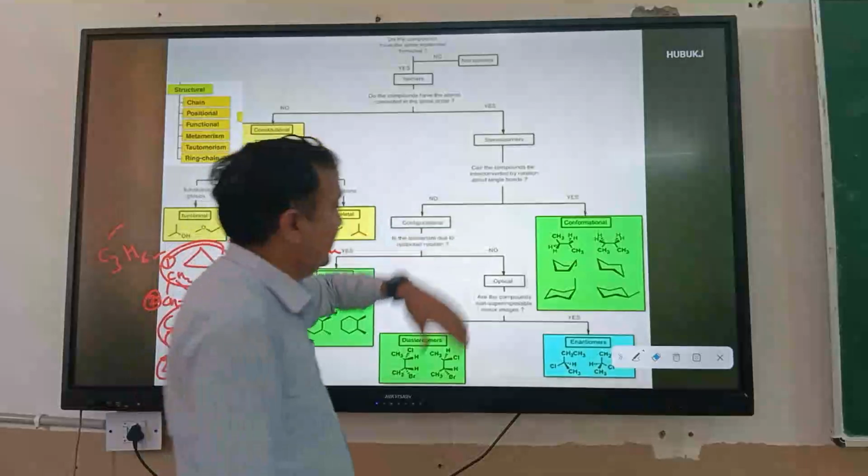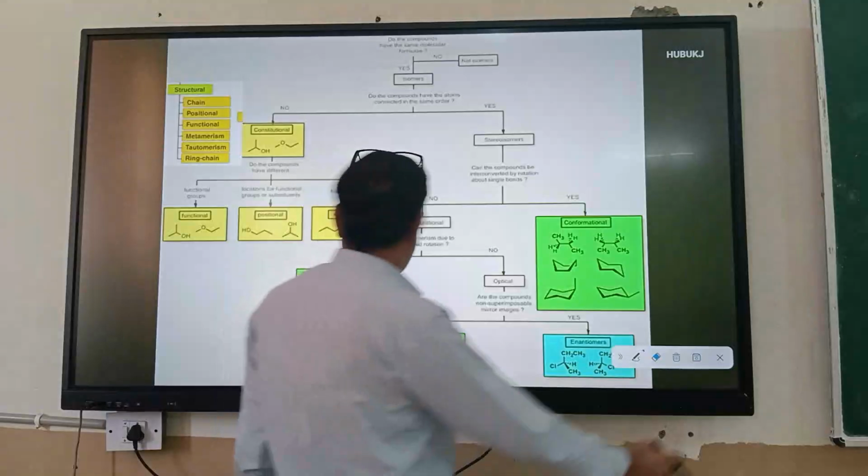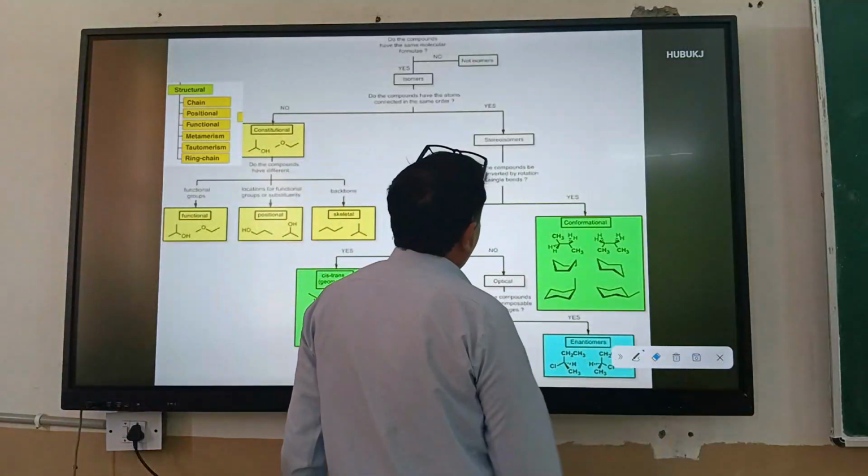I have told you that another case of isomerism is stereoisomerism.